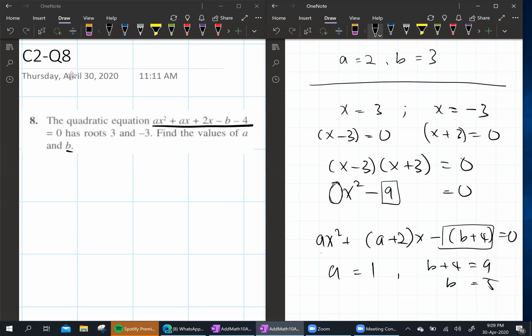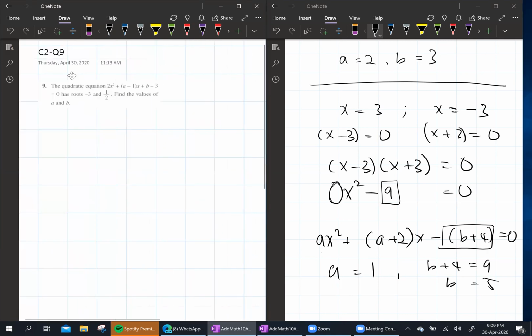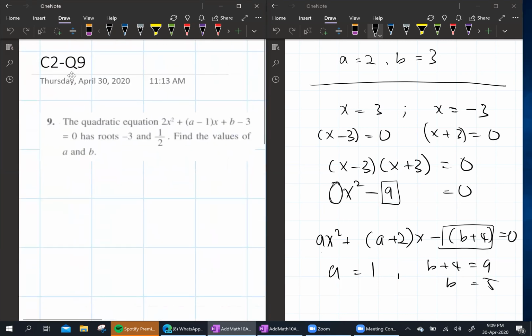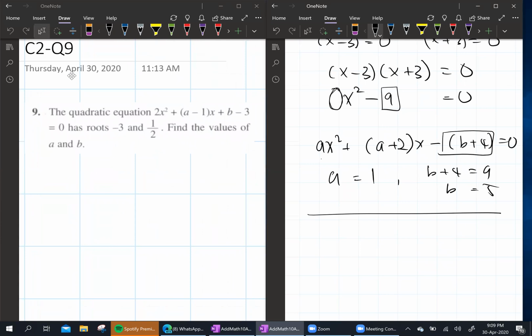Then we go to question number 9. So you got roots of minus 3 and half. That means one is alpha, one is beta. But you don't care about alpha, beta. What you want to do is find A and B. It's the same type of question, same method of doing. Okay, then I try to do.